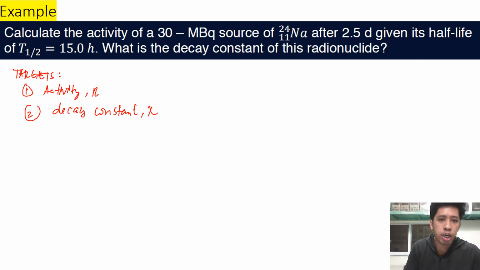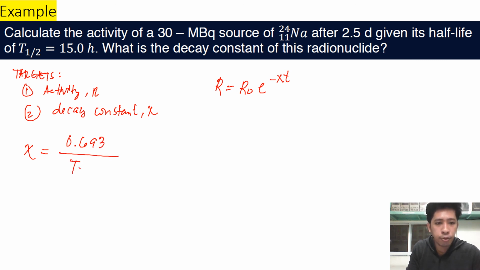Remember that your activity R is equal to your R naught times e to the negative lambda t. But before we can solve for your activity R, we need first to find your decay constant lambda. And your decay constant lambda is related to your half-life, which is just equal to 0.693, which is your ln 2, divided by your T1/2.